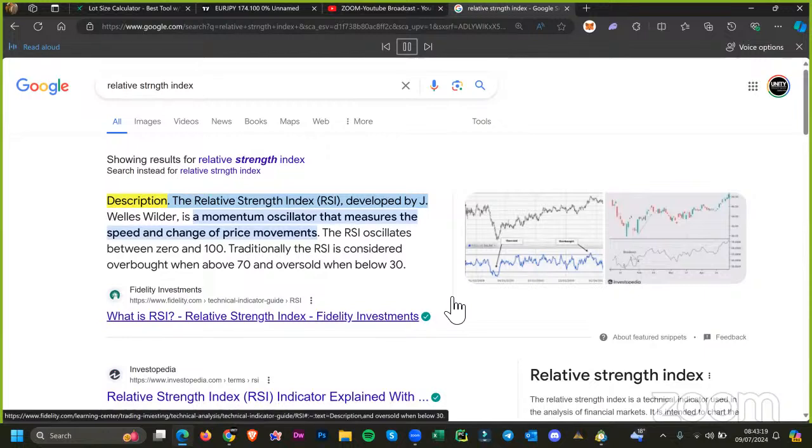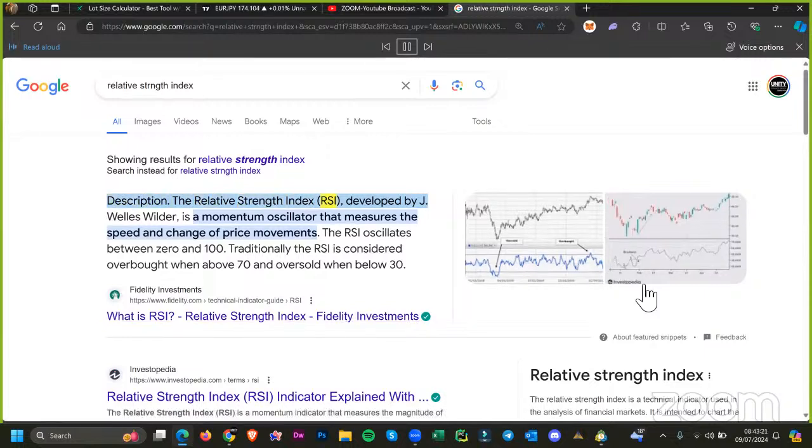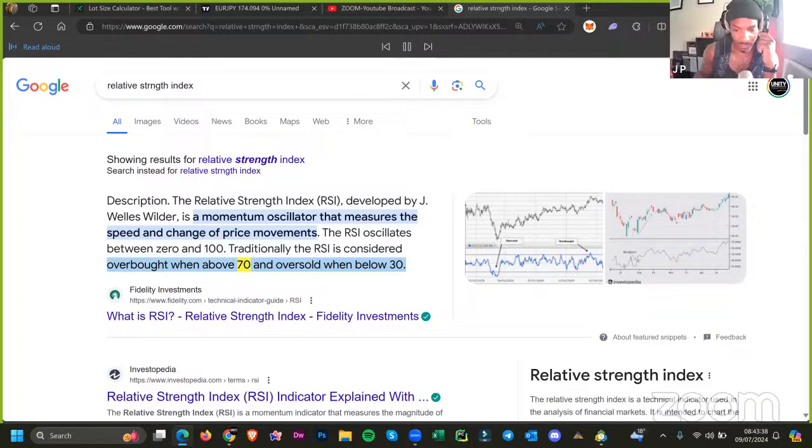Description: the Relative Strength Index, RSI, developed by J. Wells Wilder, is a momentum oscillator that measures the speed and change of price movements. The RSI oscillates between 0 and 100. Traditionally, the RSI is considered overbought when above 70 and oversold when below 30.